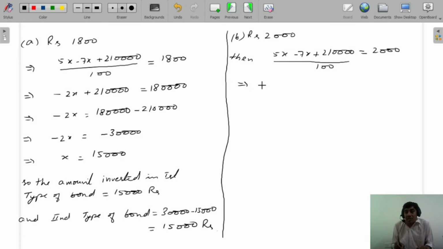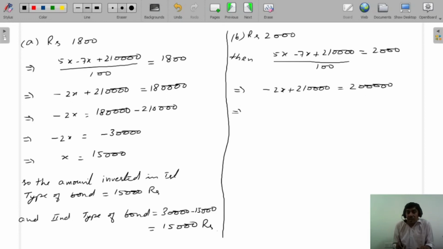This implies minus 2x plus 2,10,000 is equal to 2,000 into 100, that means 2 lakh.